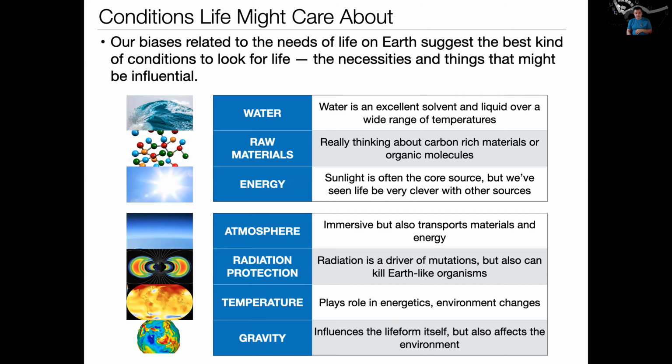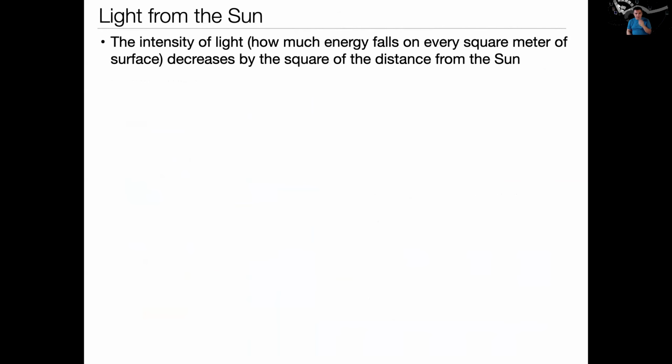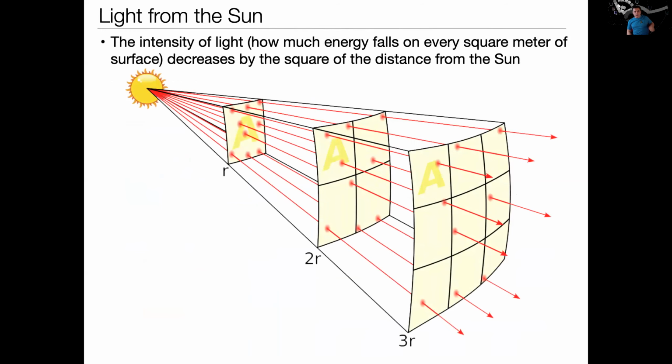Okay, so let me tell you a couple of things about energy. So the intensity of light from the sun is really the regulator for how much energy you have available to you if the sun is the source of energy. Okay, and so some of you may remember there's something called the inverse square law. So imagine you have the sun sending out a bundle of beams of light.